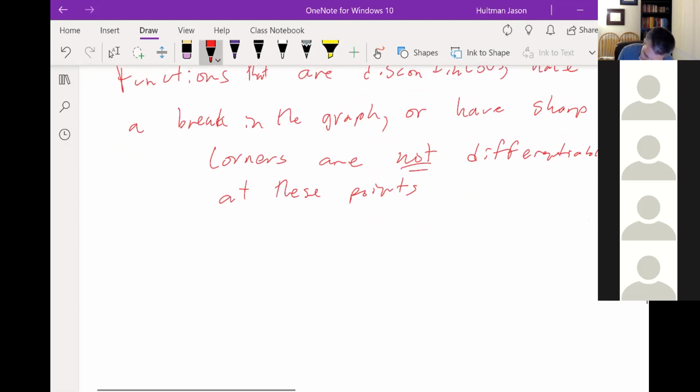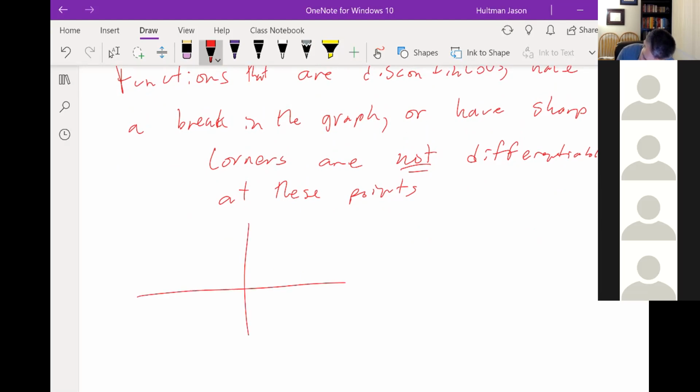For example, if I have something that looks like this, then f prime of 0 does not exist. There is no derivative when x is 0. It just doesn't exist.